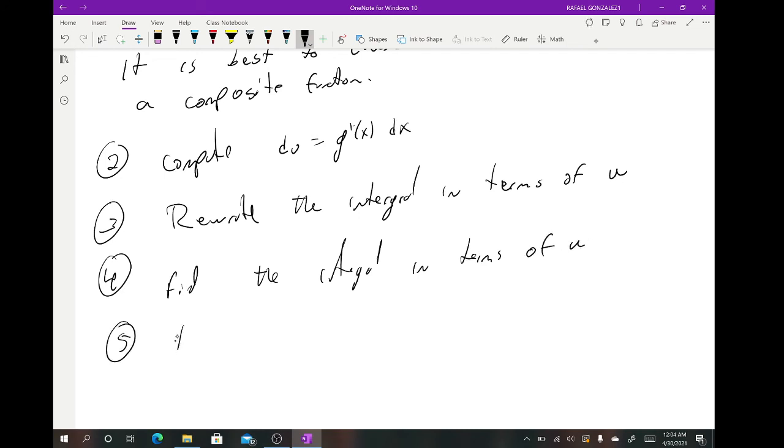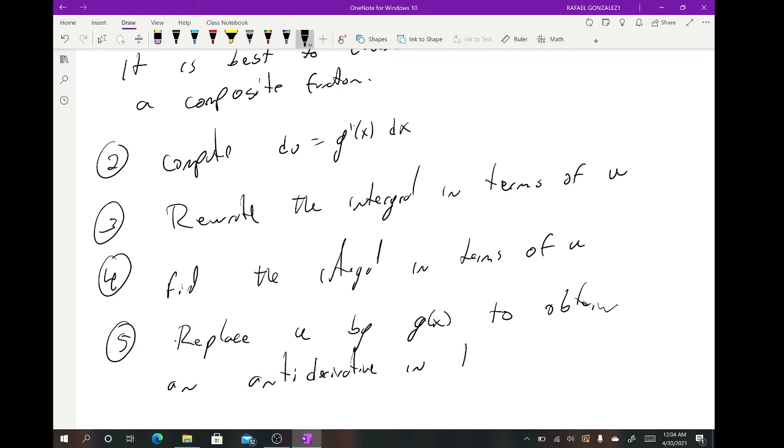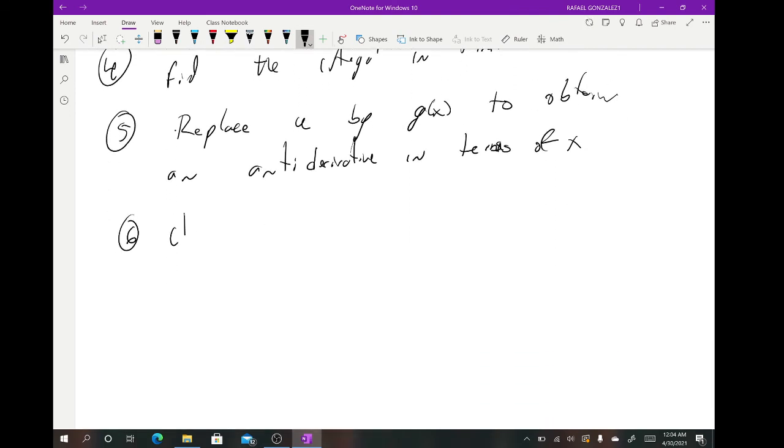Fifth is to replace u by g of x to obtain an antiderivative in terms of x, which is how it was given. And last but not least, check your answer by differentiating. I also want you to check your answer because you may make mistakes along the way.